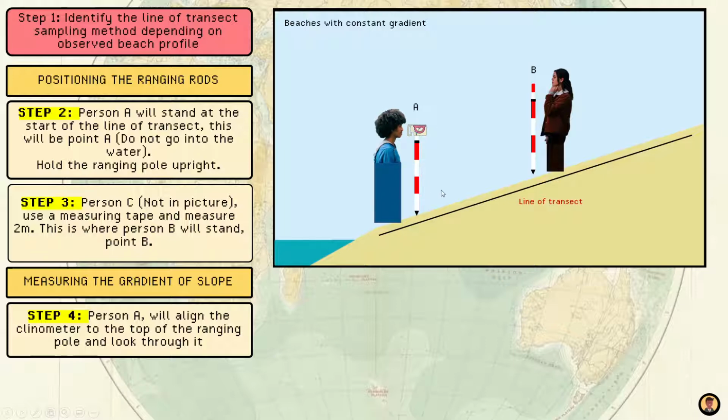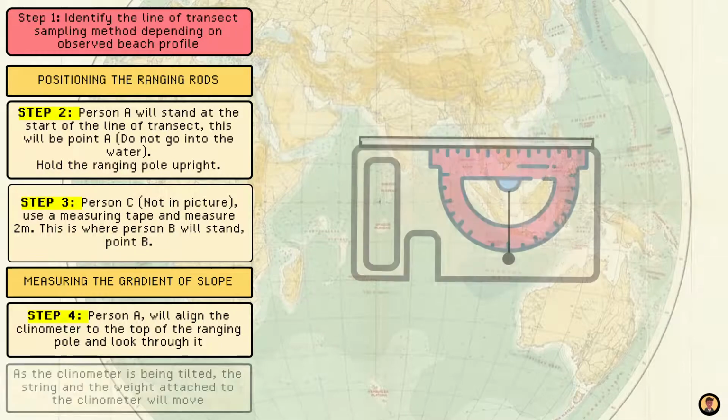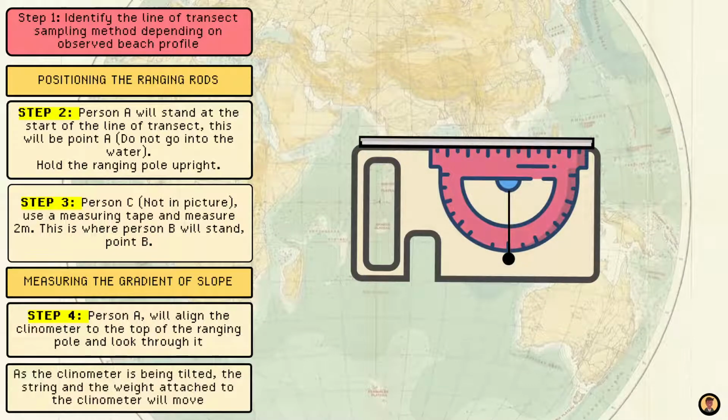So just to give you a closer snapshot of a clinometer and how it works, basically this is what a clinometer looks like. When you tilt the clinometer, the string and the weight will be tilted, and then you can make the reading from the protractor that is on the clinometer.